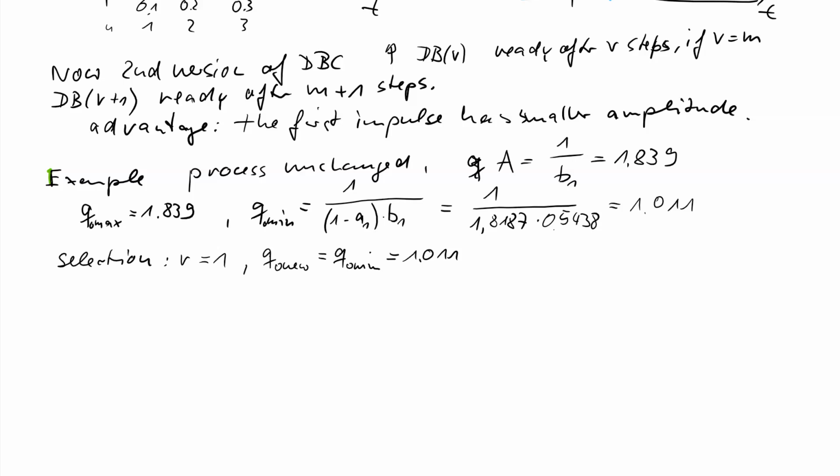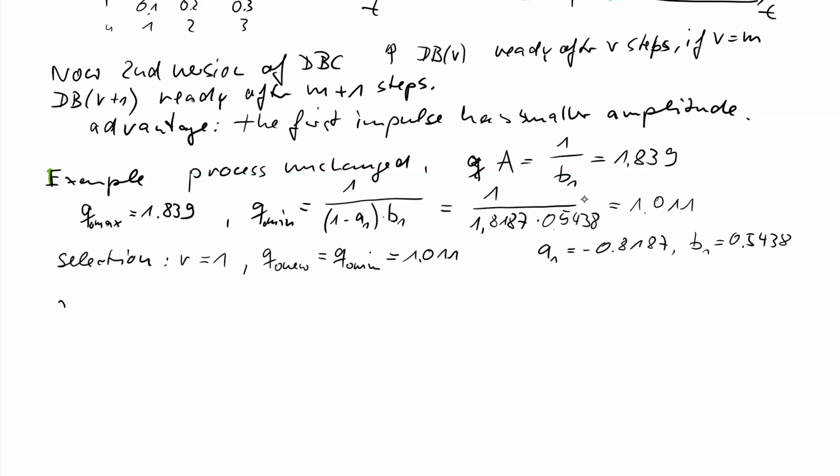I copy the equations. We need for this A1, which was negative 0.8187, and B1, which was 0.5438.